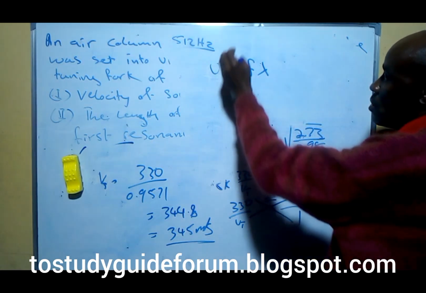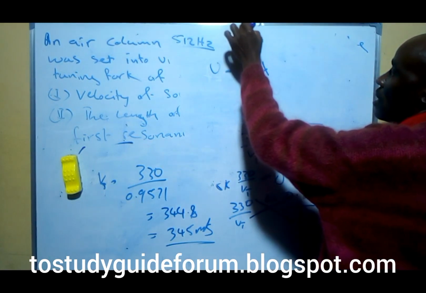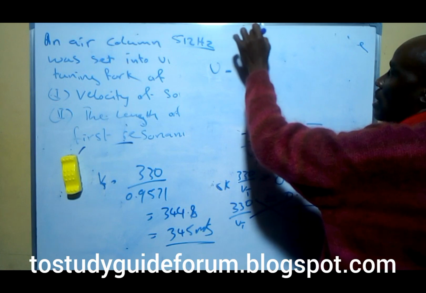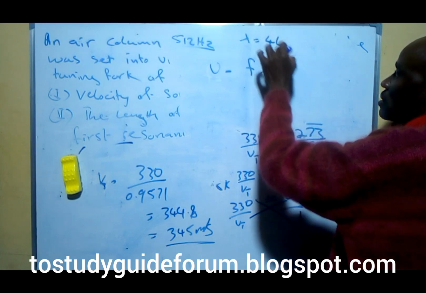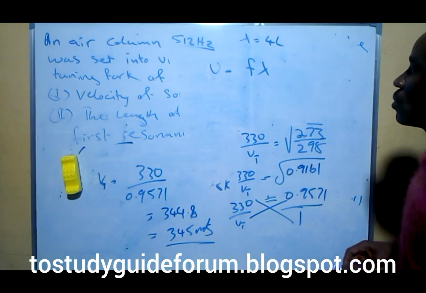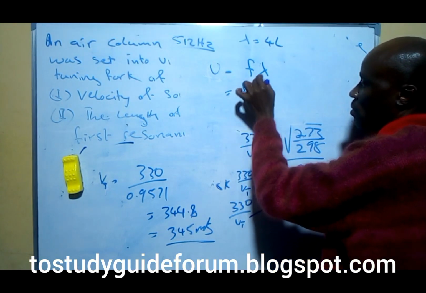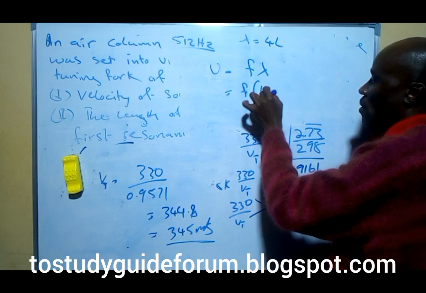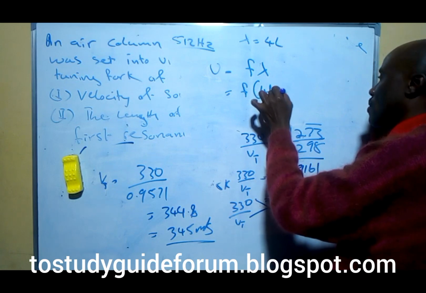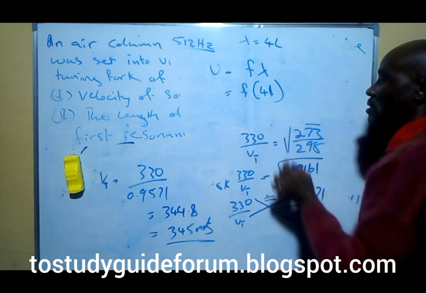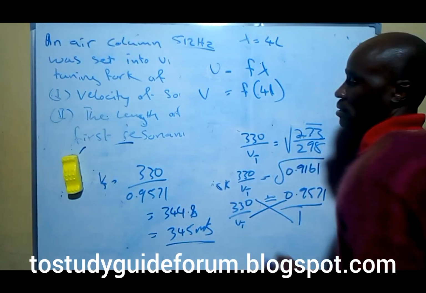Remember, initially I said that lambda is always 4 times L. So now we can substitute to be F is equal to 4 times L, that is the length, giving us the velocity.